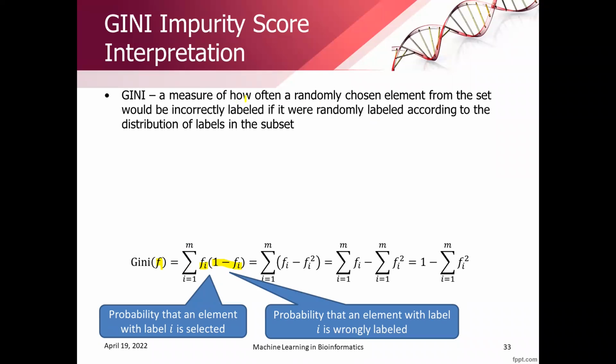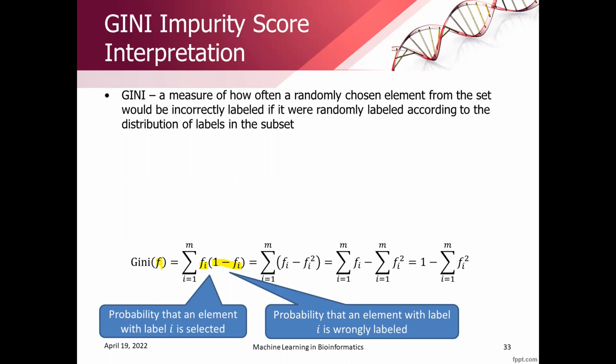So this is the probability that a randomly chosen element from the set would be incorrectly labeled. If we randomly select some element from the data set, with probability Fi it belongs to class i, and when we randomly classify it, then with probability 1 minus Fi it will be classified incorrectly.